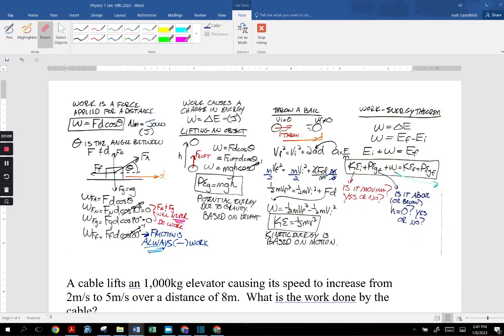So you have gravitational potential energy. That's what we derived here. Potential energy due to gravity is based on height, so we need to define a height 0. And I'll show you that in an example problem coming up. But it's energy based on height. Now, I also derived an expression for energy based on motion.